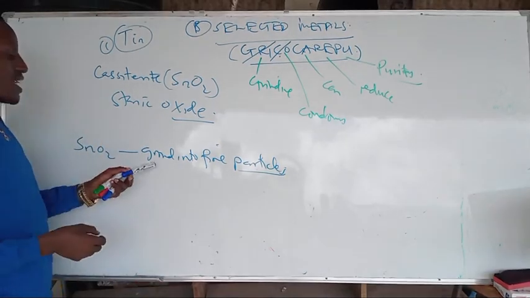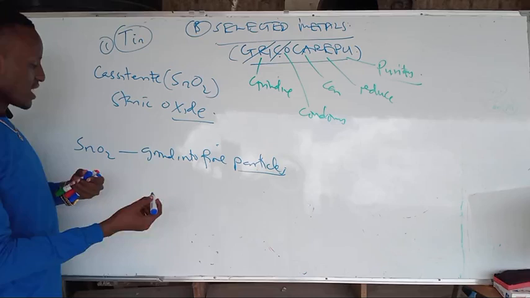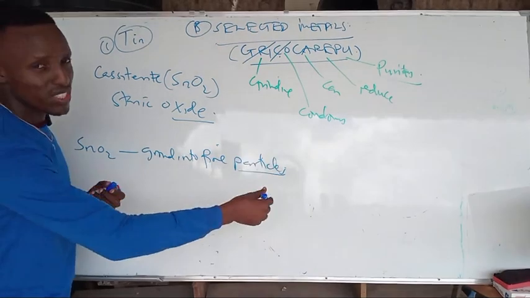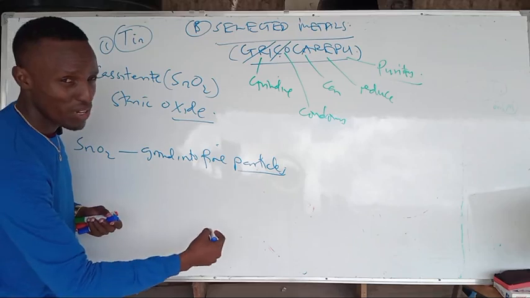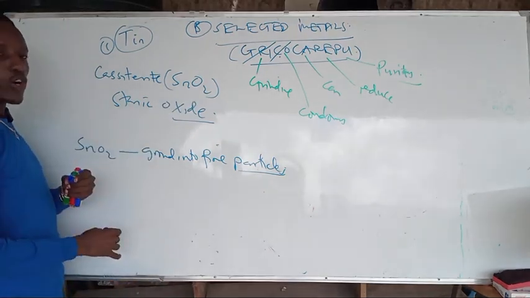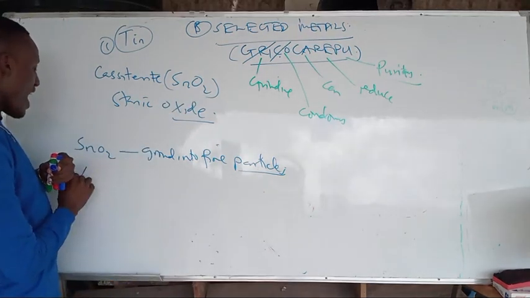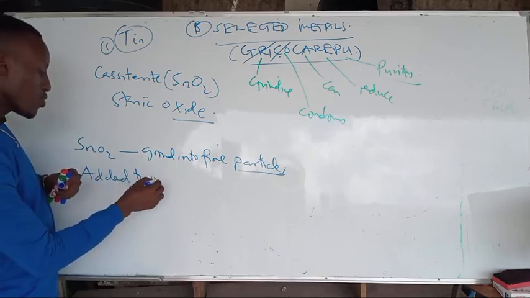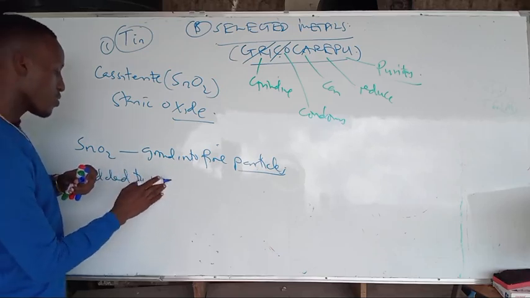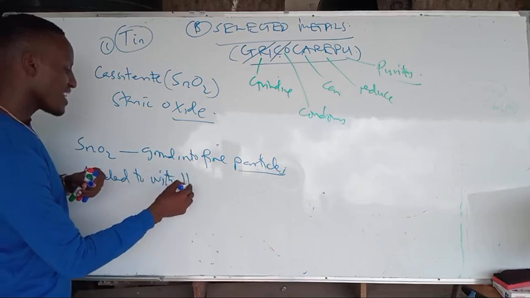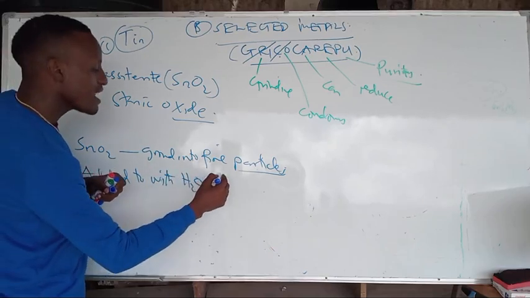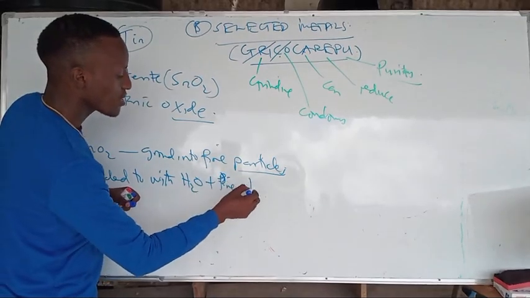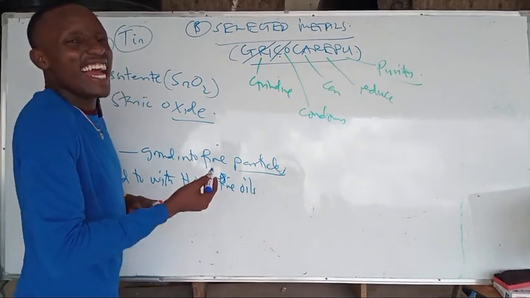So speaking about stannic oxide now, you just say stannic oxide is ground into fine particles or fine powders, which are then added with water and pine oils, and then agitated.